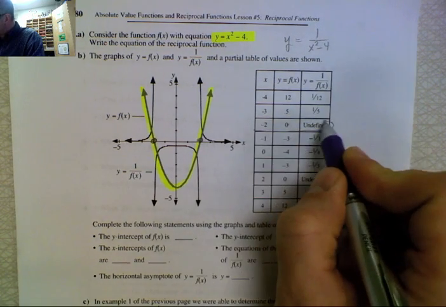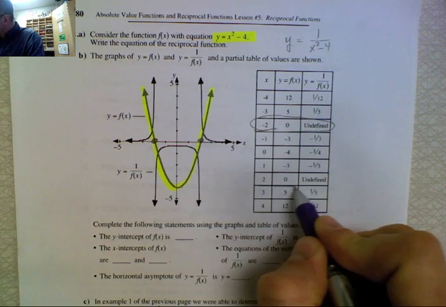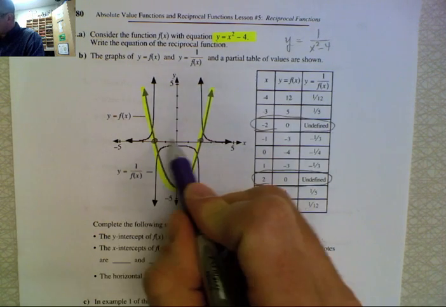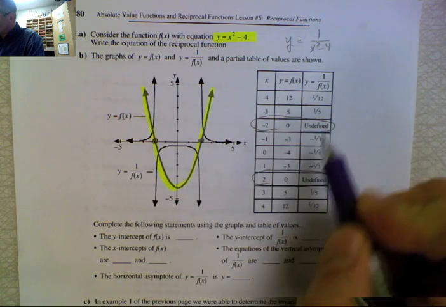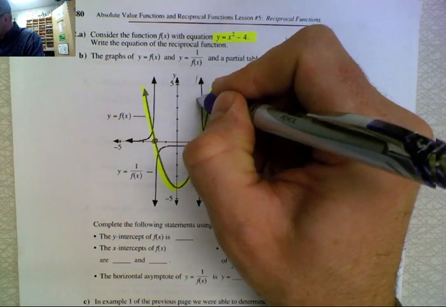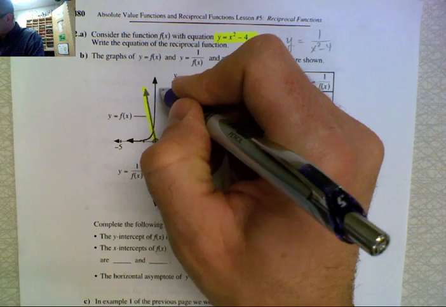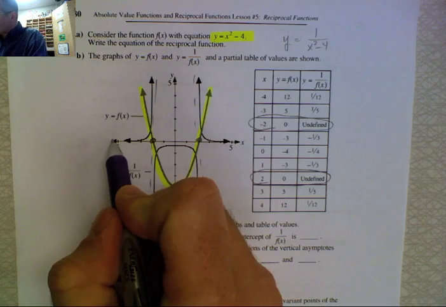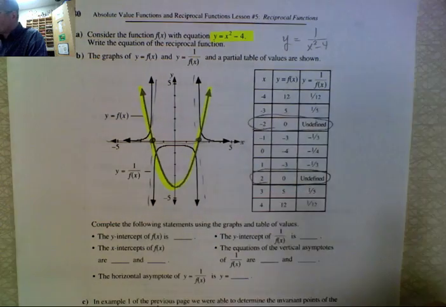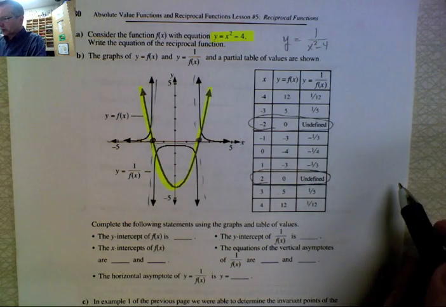We actually have two regions that are undefined. Our x-intercepts are at -2 and +2, and at -2 and +2 on our reciprocal function, we have two vertical asymptotes, one at -2 and one at +2. We also still have a horizontal asymptote at y equals 0.